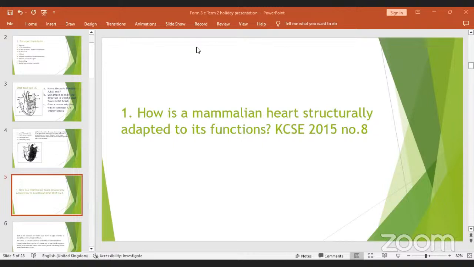Because leaving it that it has the pericardium that secretes pericardial fluid is not complete. It's not a direct modification. Somebody. What about the pericardial membrane? Somebody. Alvan.